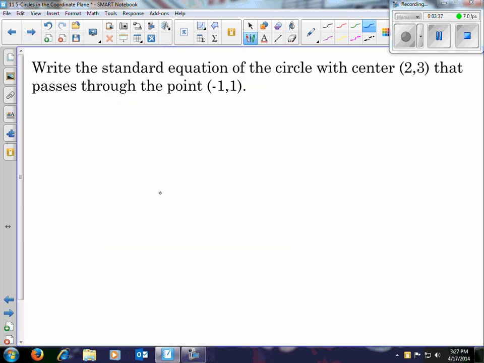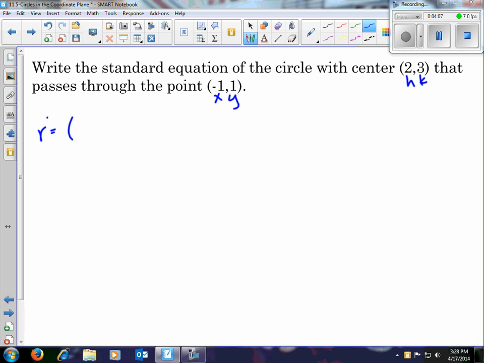Now our last example, it says write the standard equation of the circle with center 2, 3 that passes through the point negative 1, 1. So this is my center and it's going to be hk. And then this is my point, and it's going to be xy. So I'm going to put this into the equation so I can solve for my radius, so then I can then put it in standard form. So let's just write it out first.